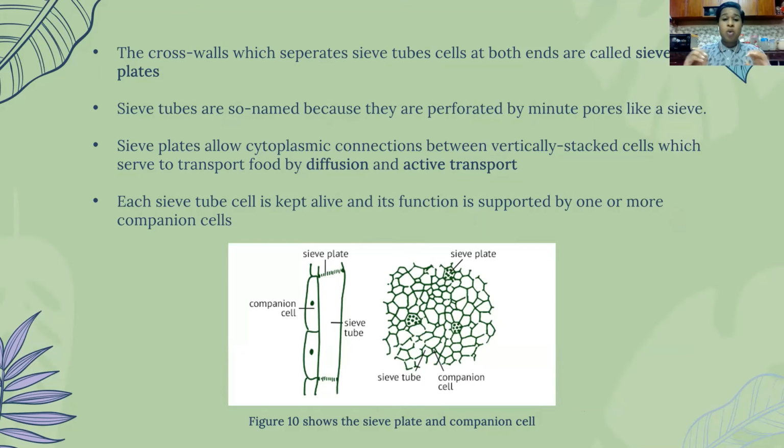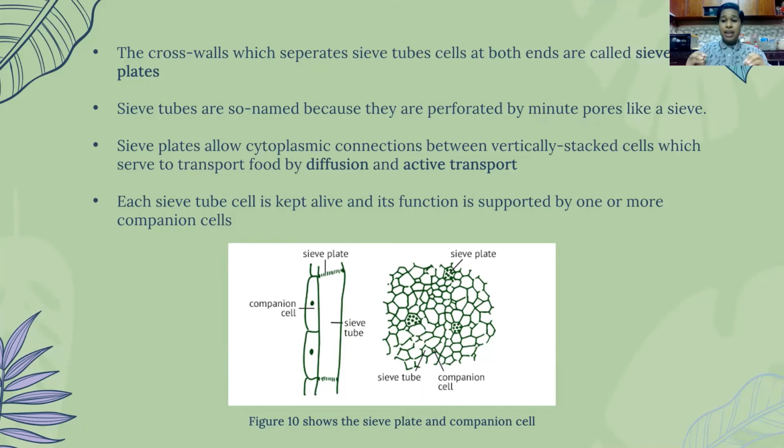Sieve tubes are so named because they are perforated by minute pores like a sieve. Okay, meaning that a sieve tube has sieve tube cells, right? So each sieve tube cell is separated by sieve plates. Meaning that we have one sieve tube cell and another sieve tube cell, like this, and then it is separated by a sieve plate here.